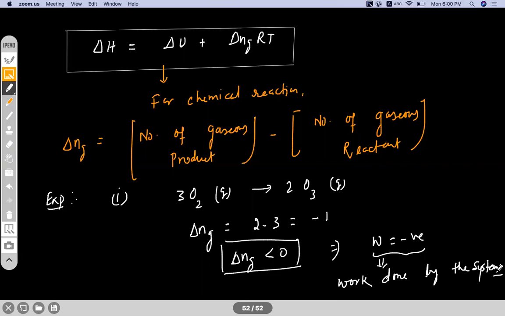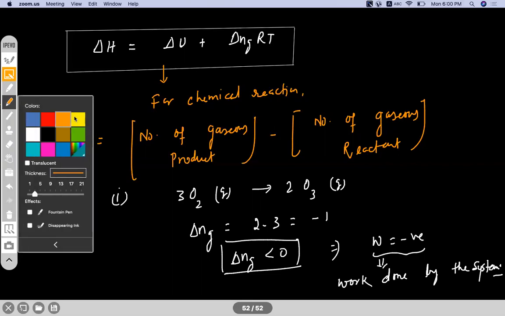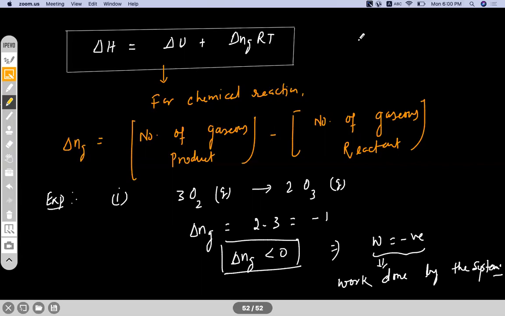Is it clear? Because you see, work done is minus P delta V, P dV, which is nothing but minus delta Ng RT for gaseous reaction. Delta Ng RT is negative.